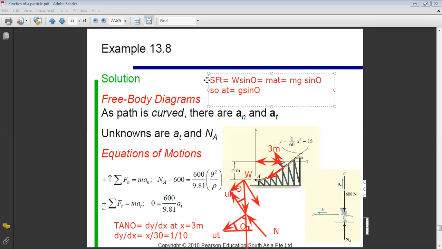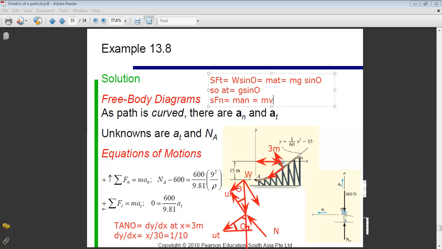Okay? And to find finally the normal reaction, what you do is sum of forces along n equals m a_n equals m times velocity at the point.